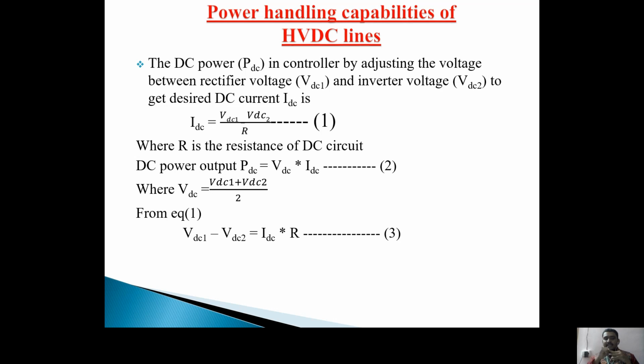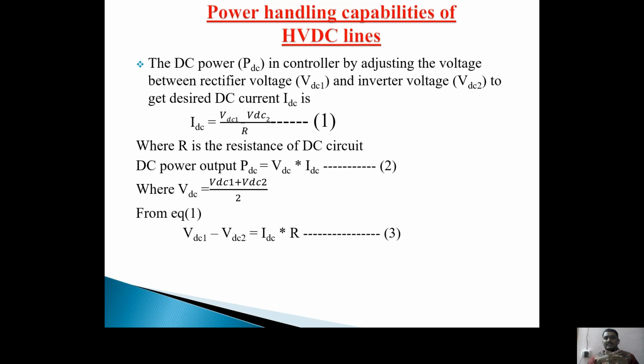Here VDC, the total voltage of the HVDC line, is equal to (VDC1 plus VDC2) by 2, where VDC1 is the voltage of the rectifier station and VDC2 is the voltage of the inverter station.